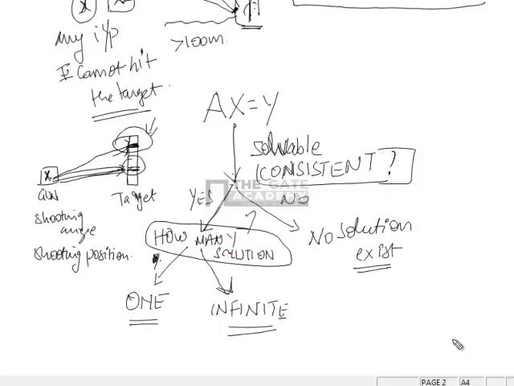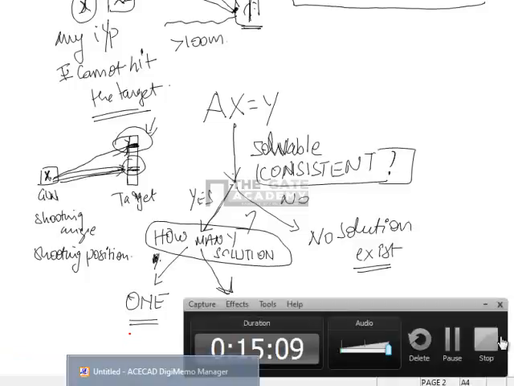If the system is inconsistent, there is no point in solving the system because no solution exists. Clear? So I need to answer all these questions before finding the solution. So how do I answer that question? We were talking about the system Ax equal to y, and we were talking about consistency.